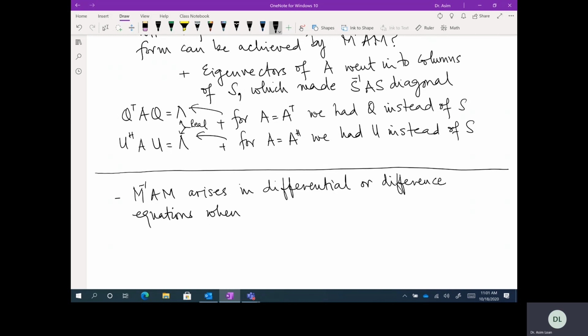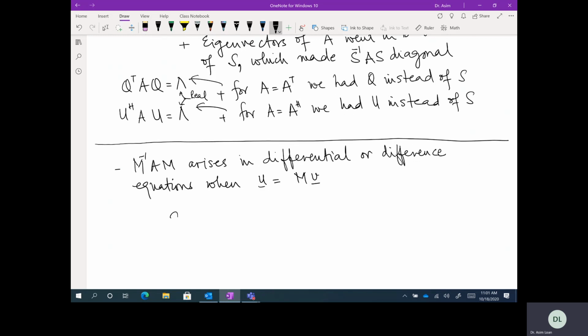When U equals M times V. So if you recall, we had dU by dt equals AU.